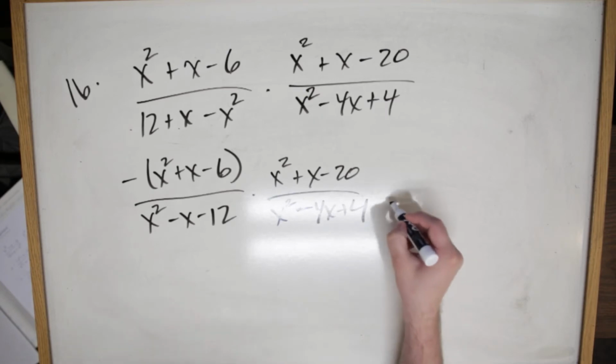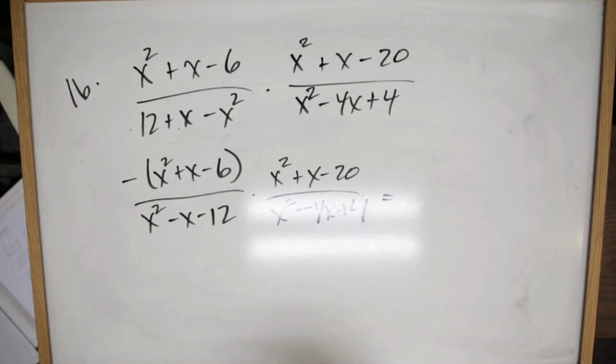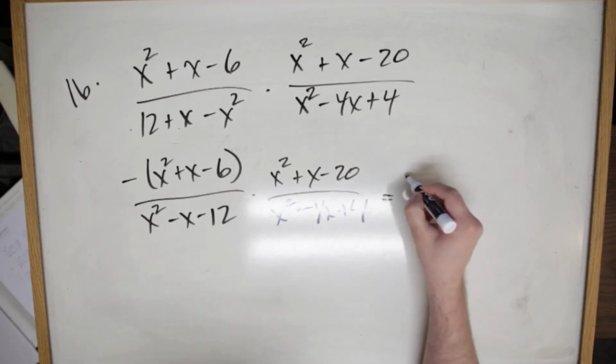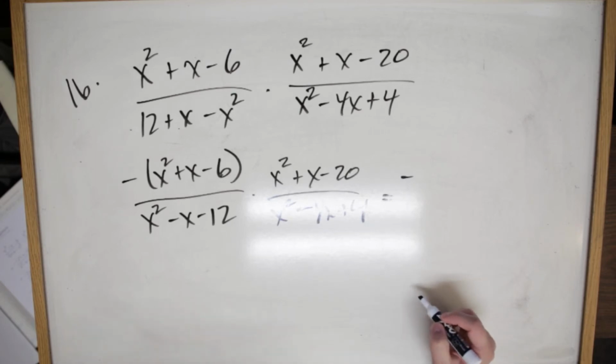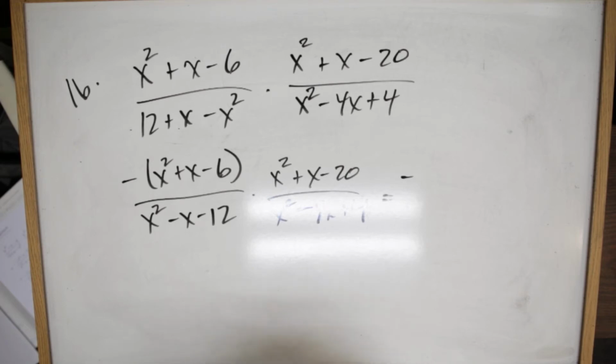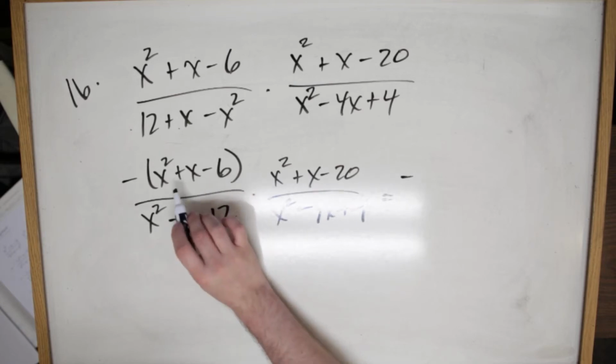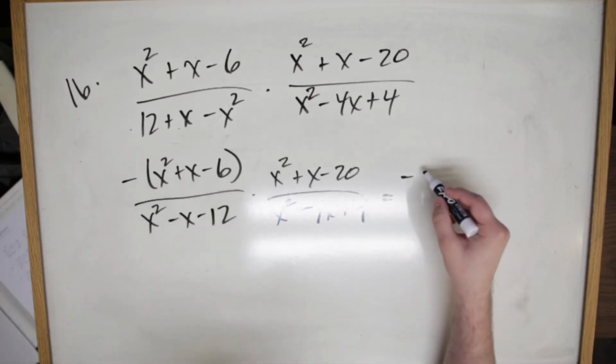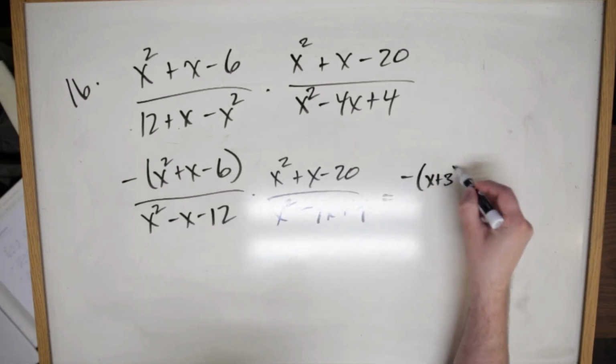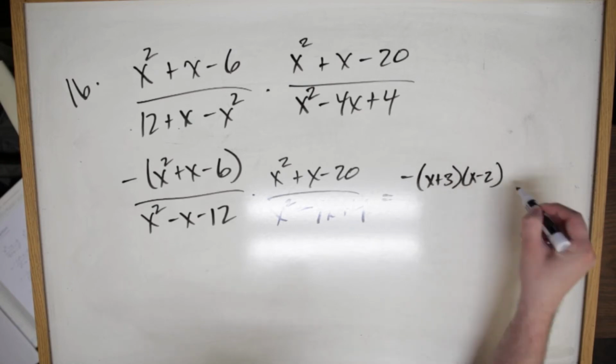So let's go ahead and do a whole bunch of factoring. We're going to have a minus sign sitting out in front. X squared plus x minus 6, that's going to be a 3 and 2. And since one is negative here, one of them is going to be negative, one's going to be positive. And since adding them creates a positive, the bigger one will be positive. So x plus 3, x minus 2.